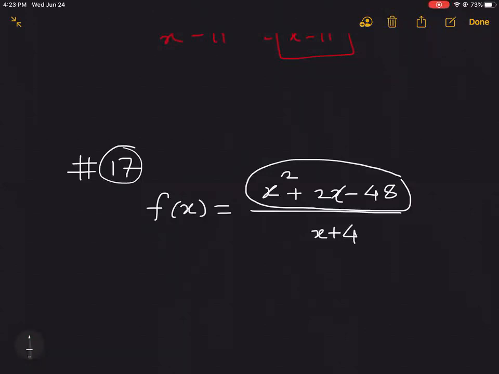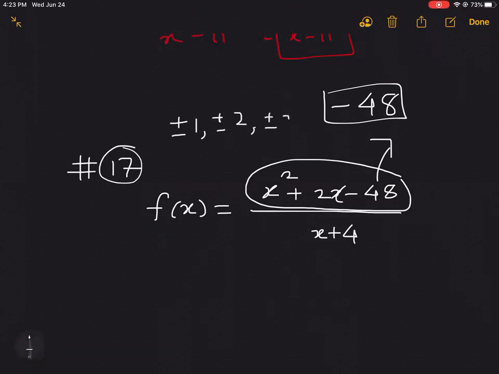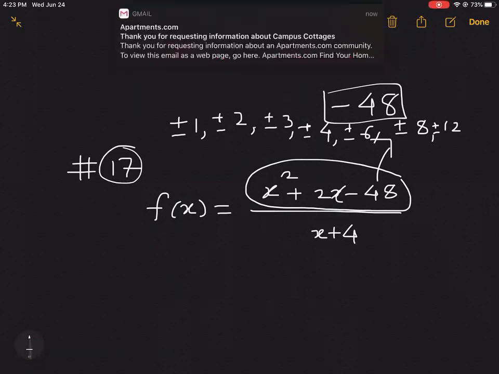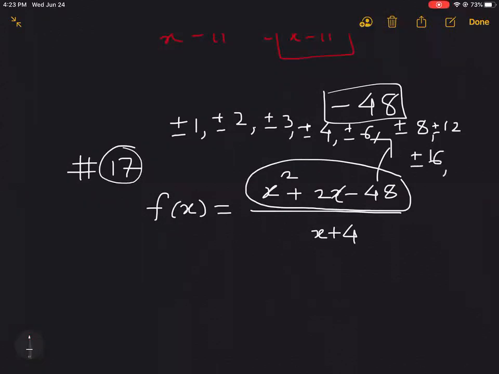Anyway, so for that, once again, we'll try and see the factors of 48, and the factors are plus minus 1, plus minus 2, plus minus 3, plus minus 4 as well, plus minus 6, plus minus 8, plus minus 12, plus minus 16, plus minus 24, and plus minus 48.